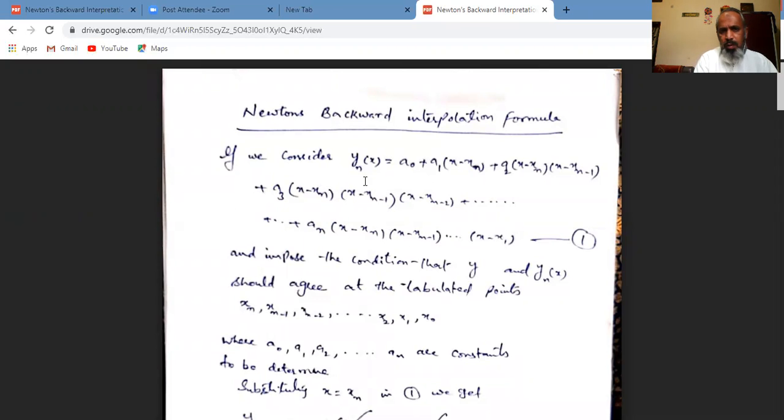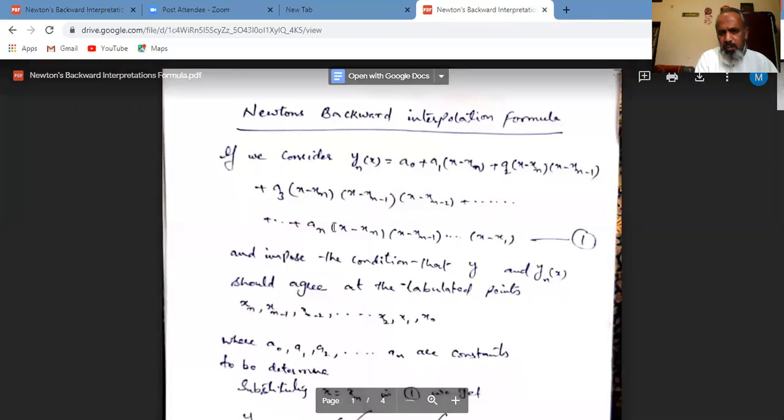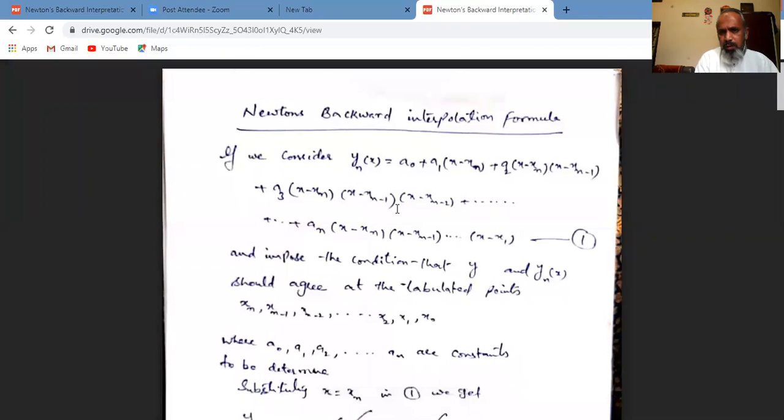This is the nth degree polynomial in which a0, a1, a2, a3, ..., an are constants to be determined.